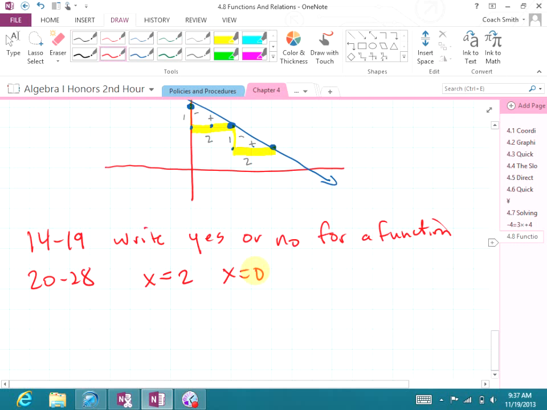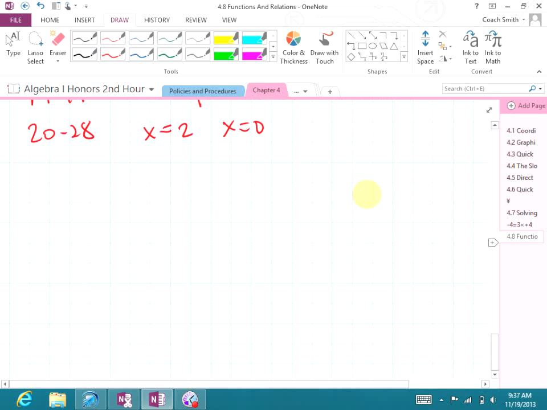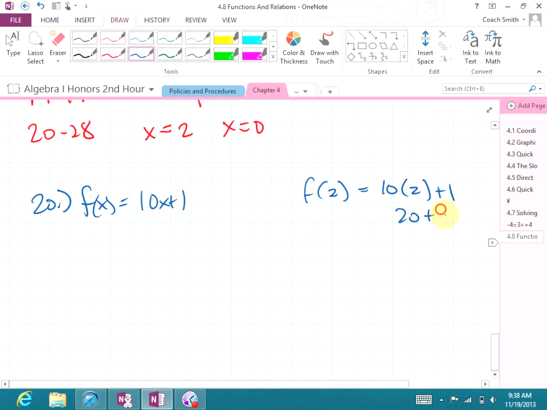So, for example, on number 20 it says f of x equals 10x plus 1. All you have to do is plug in, f of 2 equals 10 times 2 plus 1. 10 times 2 is 20, plus 1, 21.